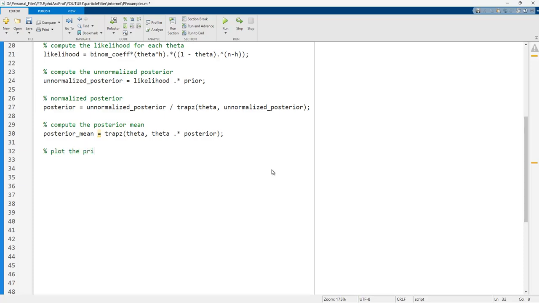Okay, plot the prior, likelihood and posterior here. First of all we need to create the figure, just like this one.